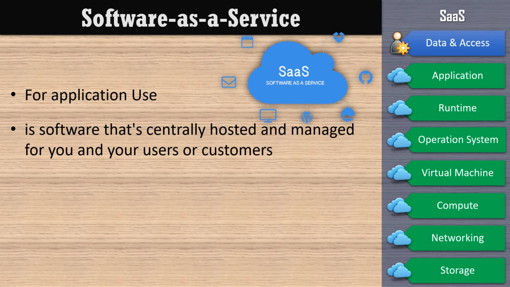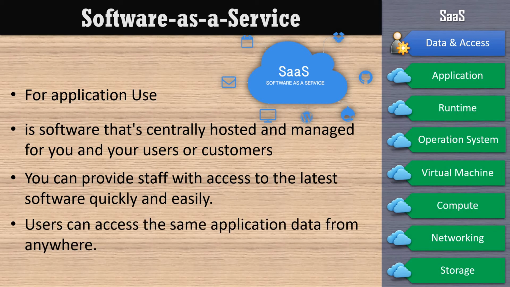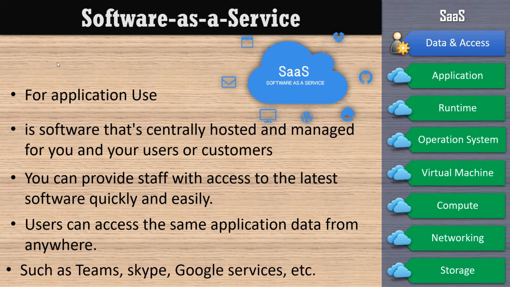If you are a customer, you are just going to use the application, and the cloud provider is going to manage almost everything for you. You can provide your staff the access to that software, something like Microsoft Teams, Skype, or so on. So you can share the data and access the data from everywhere.